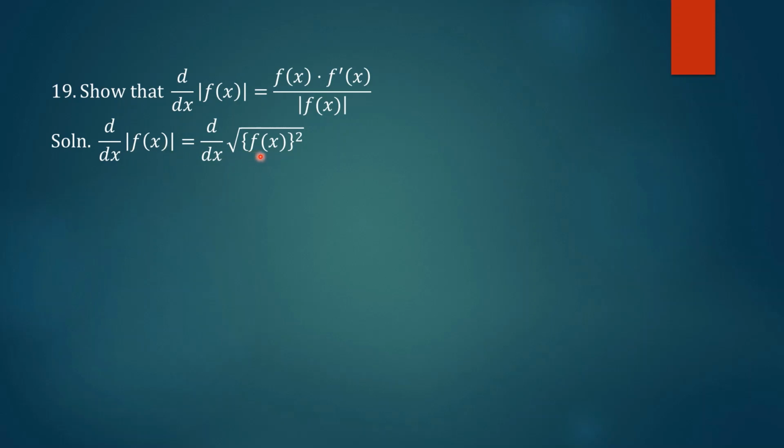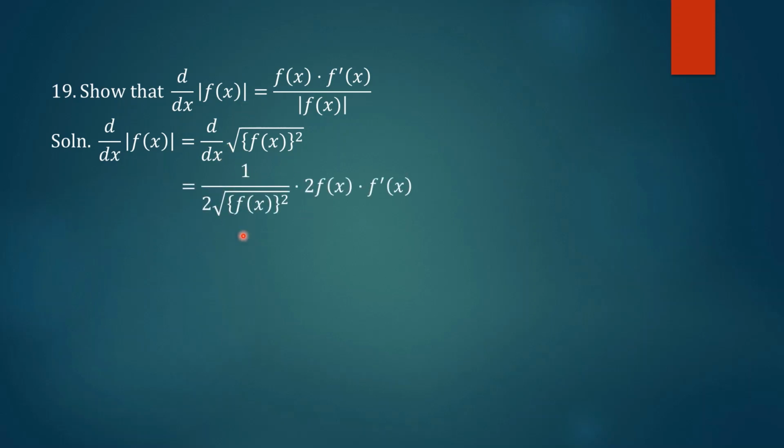Whole square makes the function positive, and root over will make the function original function. Therefore, mod of f(x), meaning the positive portion of the function, is nothing but root over of f(x) whole square. Okay, then you differentiate it. Now you can differentiate. Modulus is removed here. Therefore, d/dx of root over function is 1 by 2 root over function.